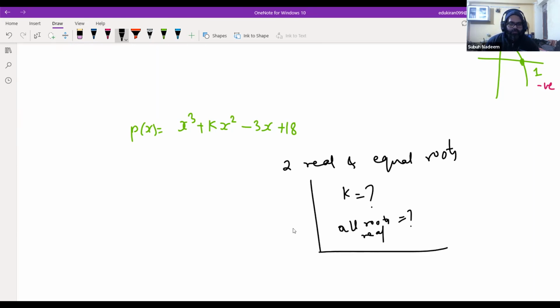So what we do here, we suppose that a is the equal root, it is coming 2 times. So it means that x minus a into x minus a, that is x minus a whole square, is a factor.